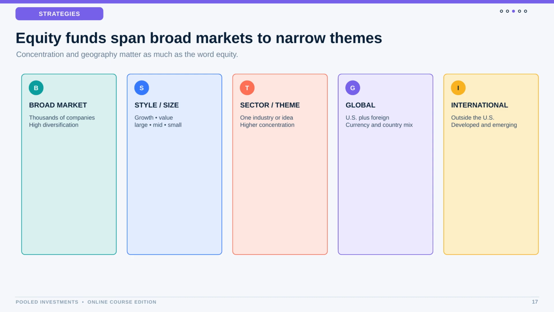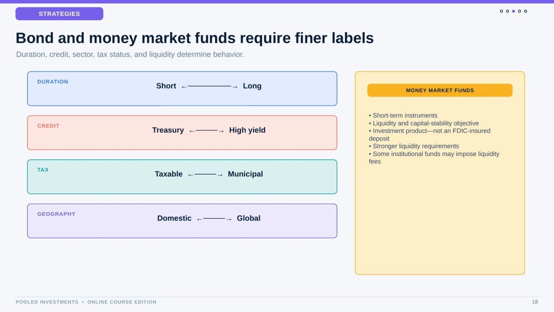Bond funds differ by maturity, duration, credit quality, sector, tax status, and geographic exposure. A short-term treasury fund is not interchangeable with a high-yield corporate fund simply because both hold bonds.